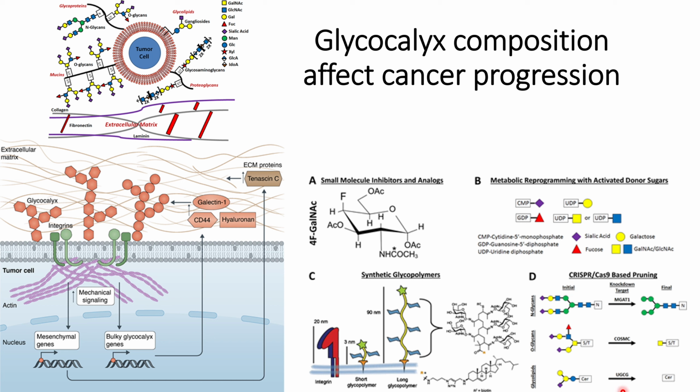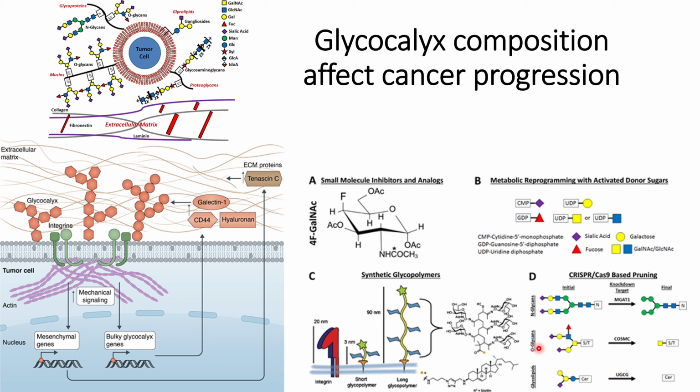The final panel of this figure, panel D, talks about CRISPR-Cas9 based pruning. In this case, the different enzymes responsible for the glycosylation process can be knocked down using the CRISPR-Cas system. For example, if MGAT is knocked down, then the final N-glycan structures will not have sialic acids and galactose.